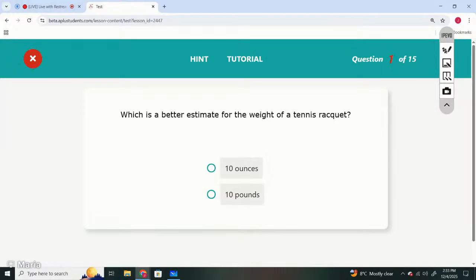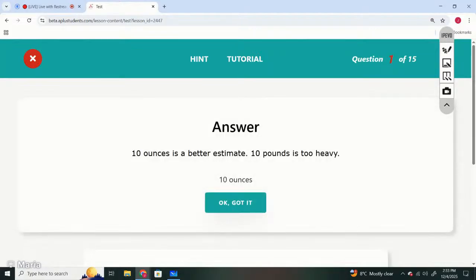The weight of the tennis racket would be 10 ounces, because 10 pounds is too much, too heavy, for the weight of the tennis racket. Okay, got it.